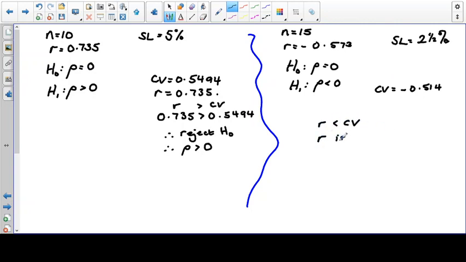R is stronger than the critical value. So that is enough evidence, because your sample PMCC is stronger than the predicted critical value, then you can reject H0 and conclude that there must be negative correlation in the population.